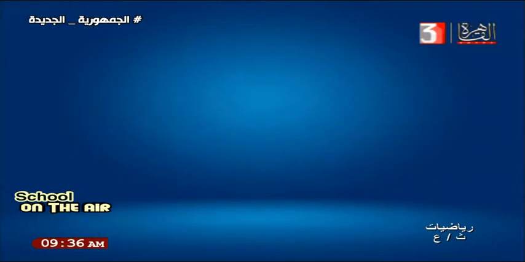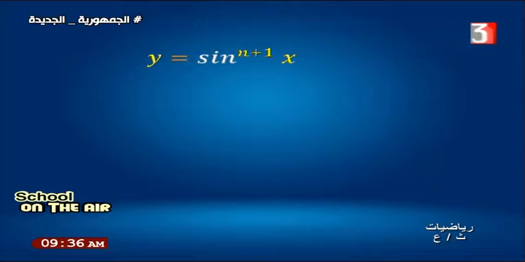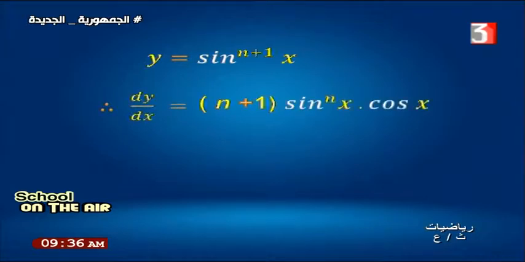The function y equals sine power n plus 1 x is a trigonometric function, and sine to the power n plus 1 must be differentiated by the rule dy/dx equals (n plus 1) multiplied by sine to the power n x times the derivative of sine x, which is cosine x.